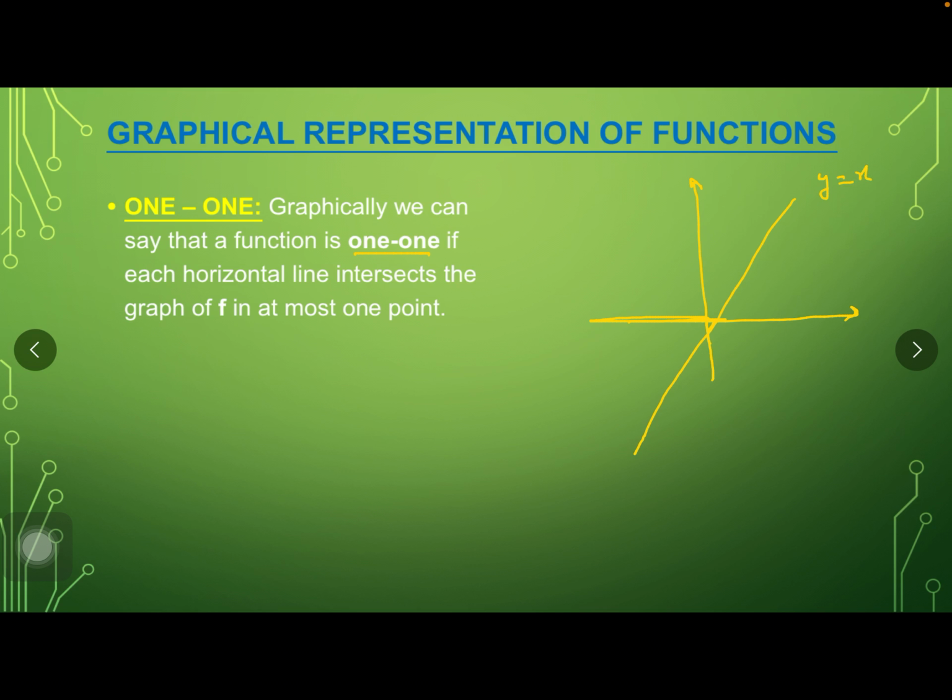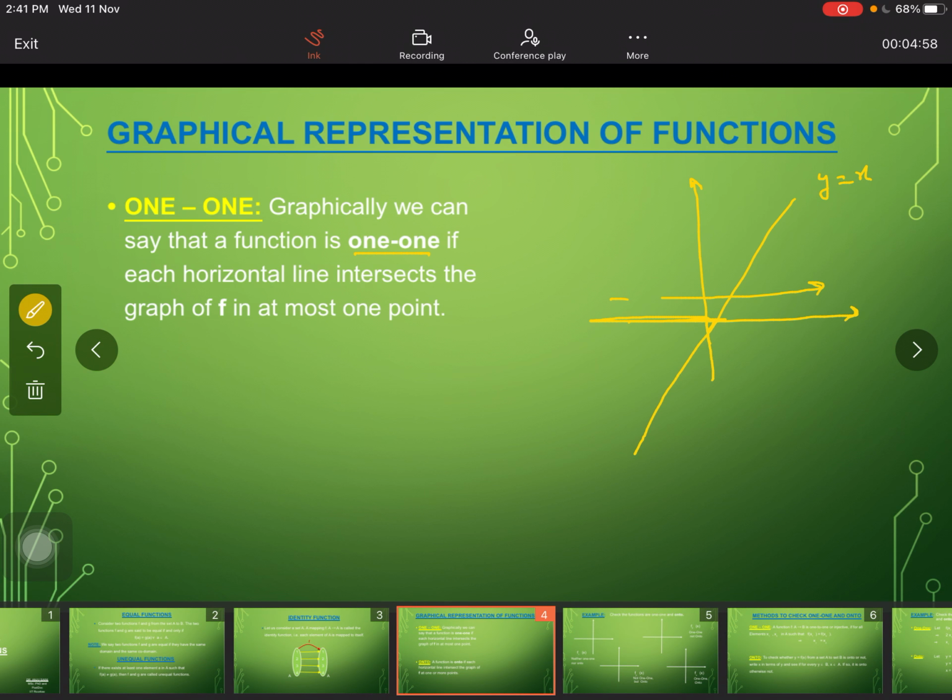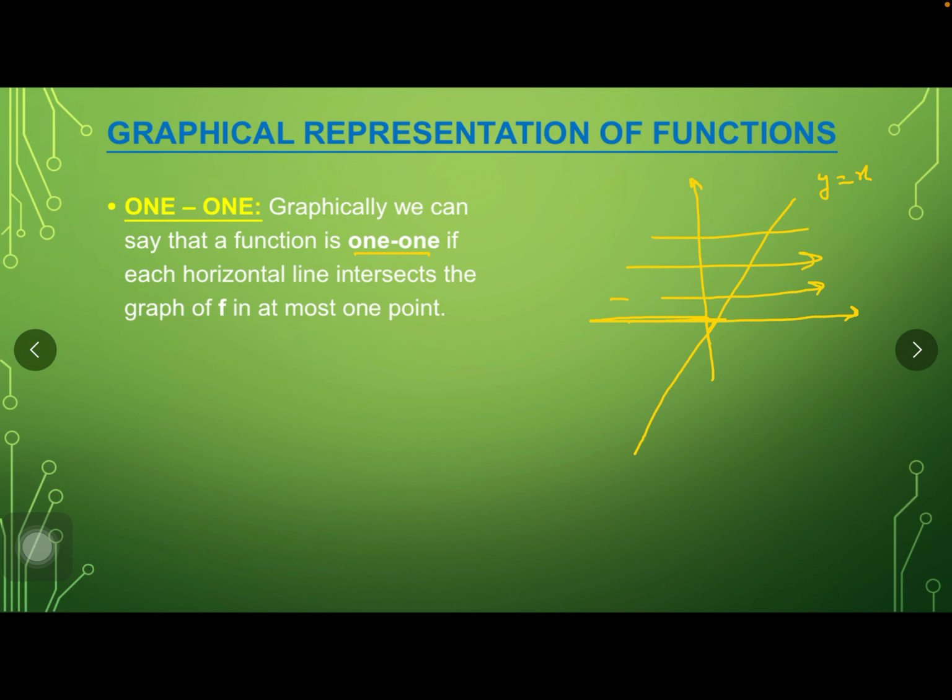So here we have this axis and suppose our graph is like that. What is the graph? This graph is y equal to x, right? So this is one-one. Why?